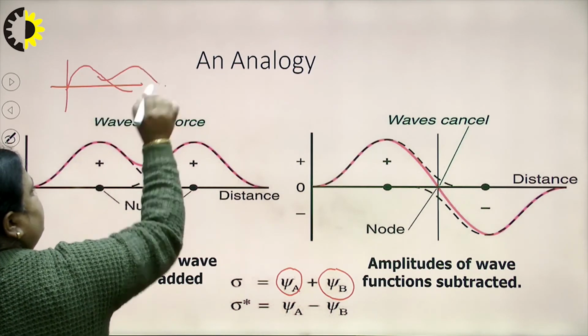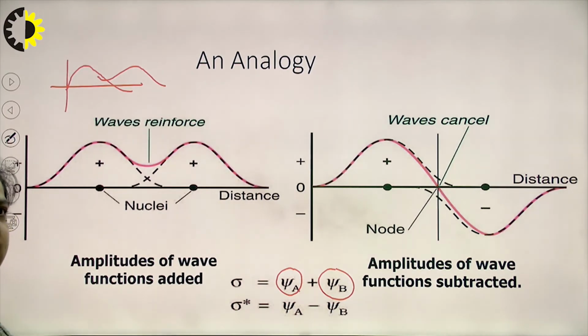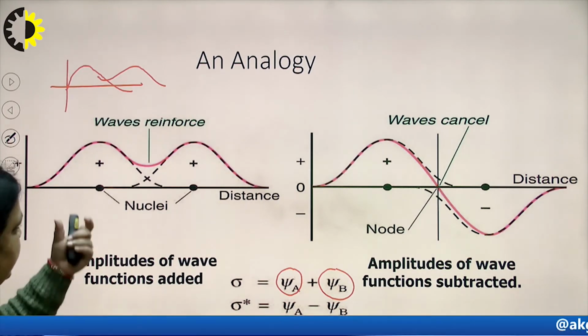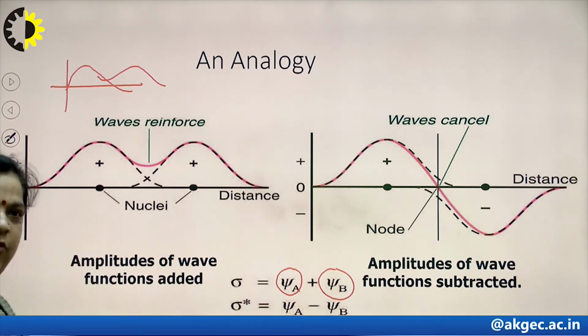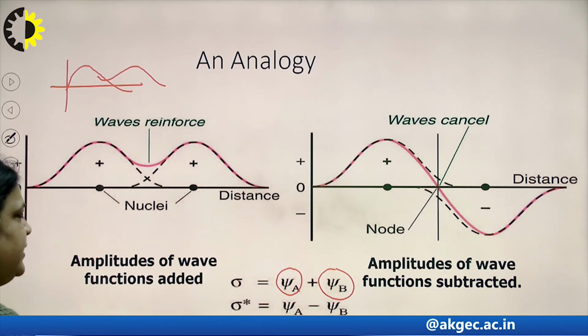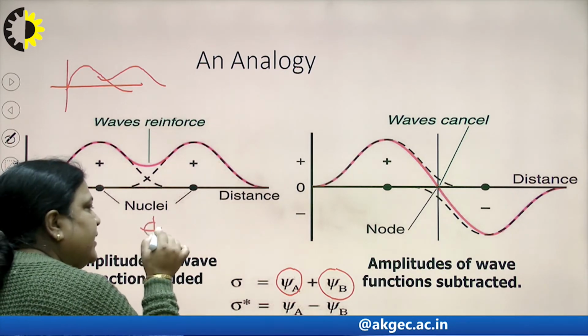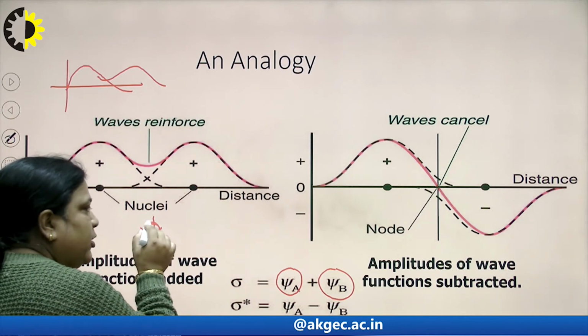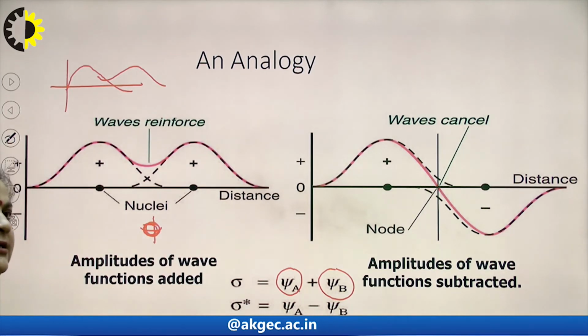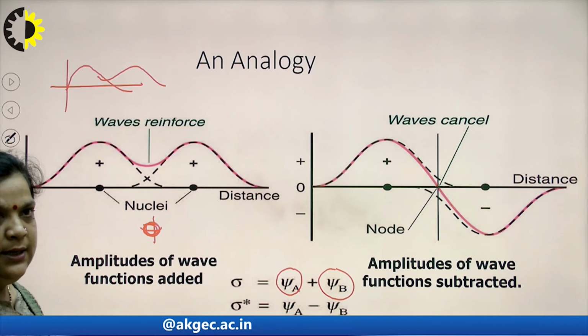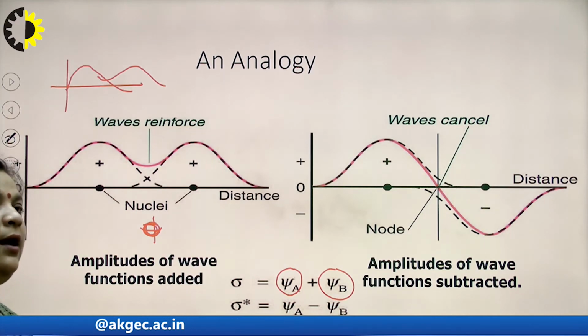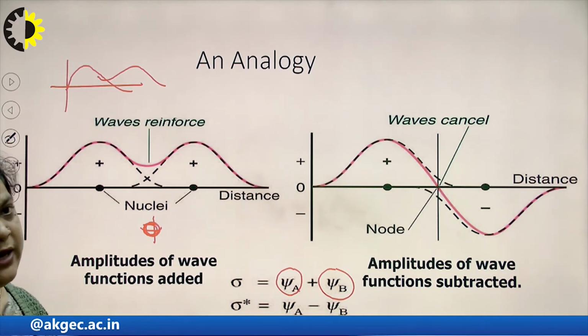If they reinforce each other like this, in such a condition the bonding molecular orbital is formed, or we can say the electron density around the nuclei increases, and it decreases the repulsion between the electrons or nuclei.